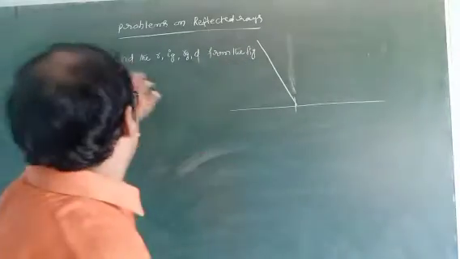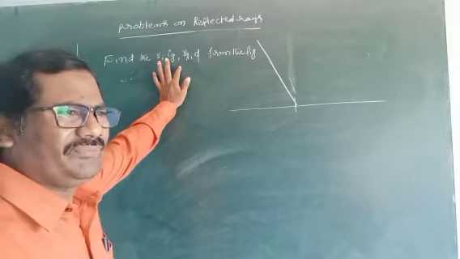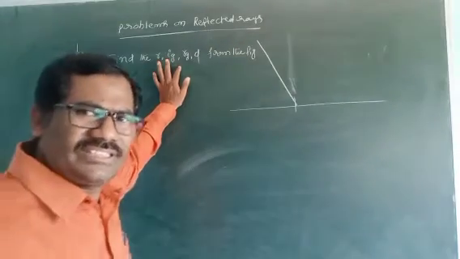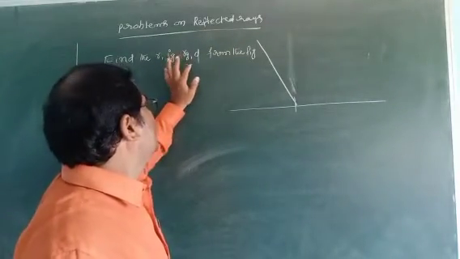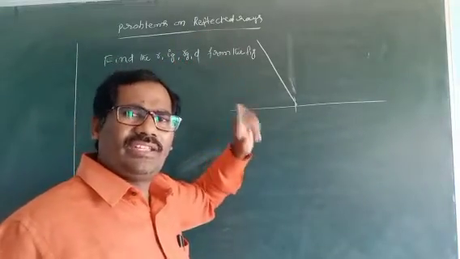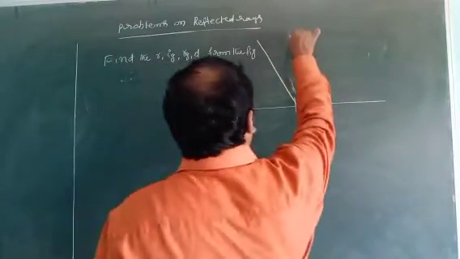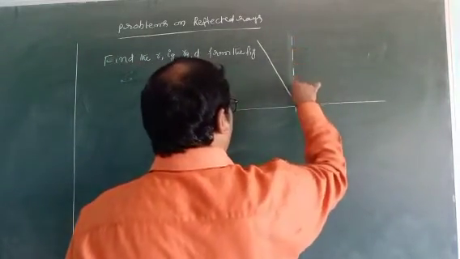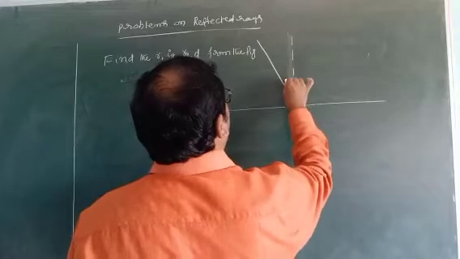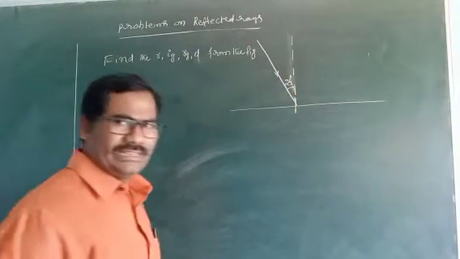Listen, find the angle of incidence I, the glancing angle of incidence Ig, the glancing angle of reflection Rg, and the deviation angle D from the figure. Here also 25 degrees is the incident angle.